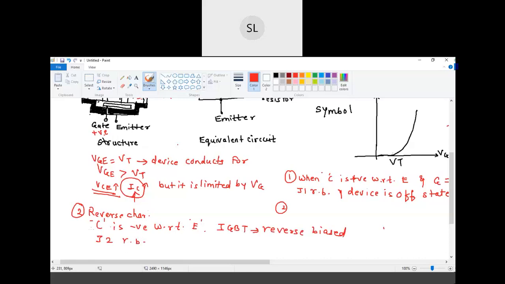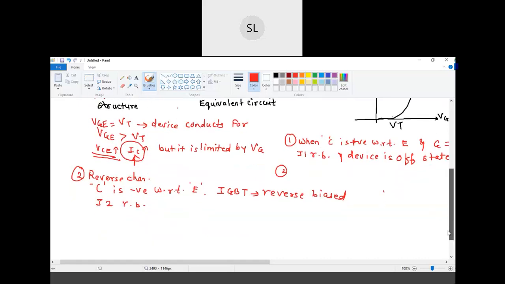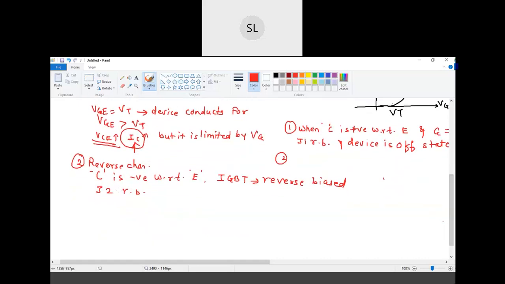Therefore, it will block the reverse current, or it is in the reverse blocking state.